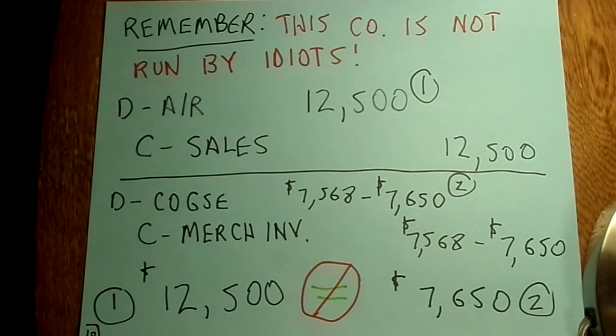The second entry, depending on whether we use FIFO, which produces the lowest cost of goods sold expense, or LIFO, which produces the highest, we're going to wind up with some number between 7,568 FIFO, 7,650 LIFO, and weighted average and specific identification will always fall somewhere in between those two numbers. The bottom I just show you again, the first entry does not equal the second.